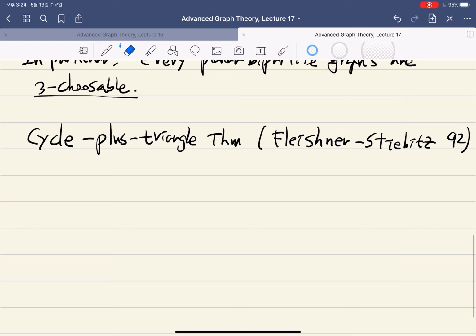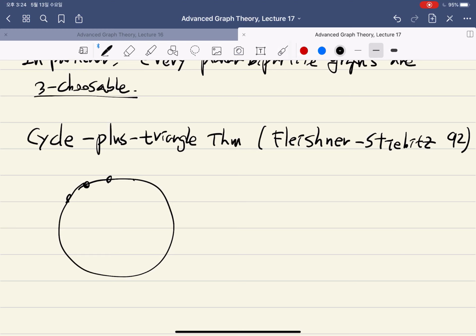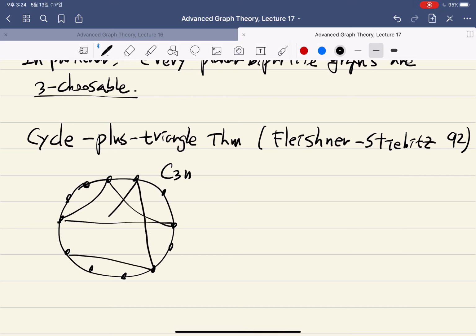So what it says is that if you have a 4-regular graph, which is a union of a cycle of length 3n, 1, 2, 3, 4, 5, 6, 7, 8, 9, 10, 11, 12, and then you add some triangles in an arbitrary way. So you add m triangles in a disjoint way. Then you get this 4-regular graph.